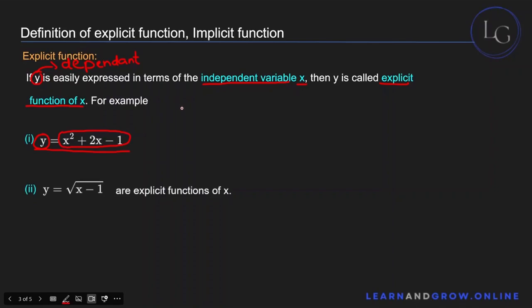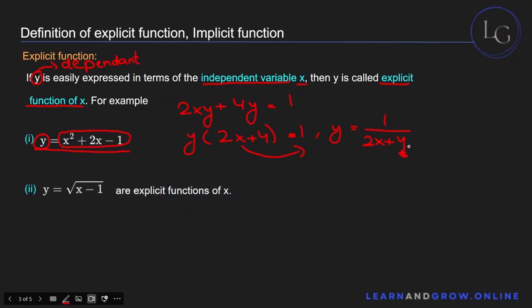So for example, if you had a function, and let's say that's 2xy plus 4y is equal to 1. This right now looks a bit weird, but in this case y is an explicit function of x as well, because you can just take y common here. y times (2x plus 4) is equal to 1, and then take this to the denominator, in which case it becomes y is equal to 1 over 2x plus 4.